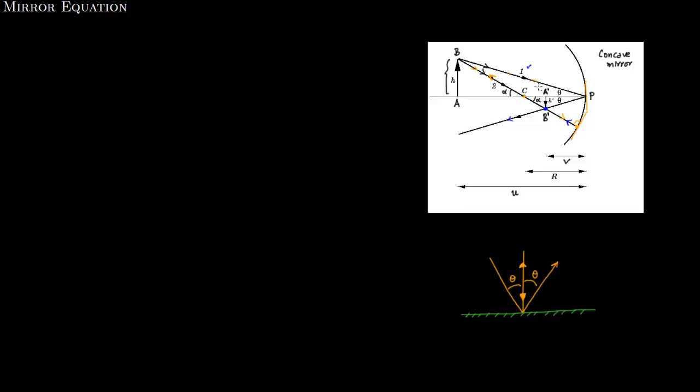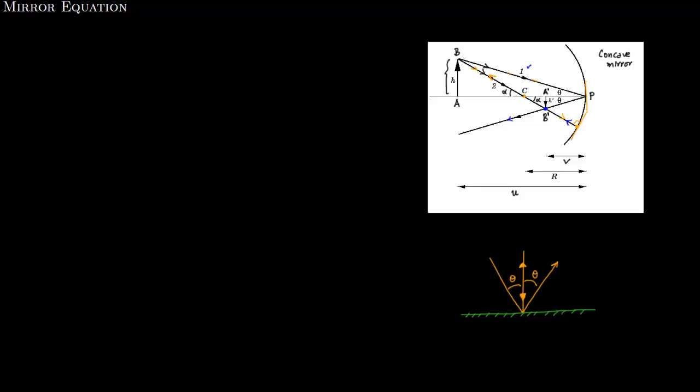So image of this object AB is A prime B prime, and we have just shown how to compute the point where the image lies. Now we will use this figure to find out the mirror equation. So it is important to understand how this figure is formed.